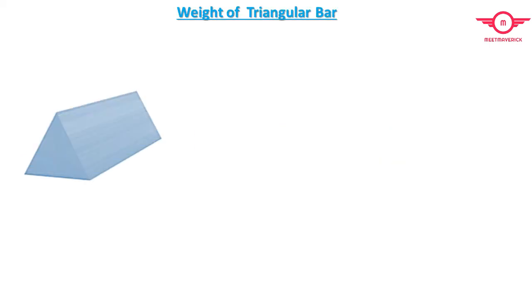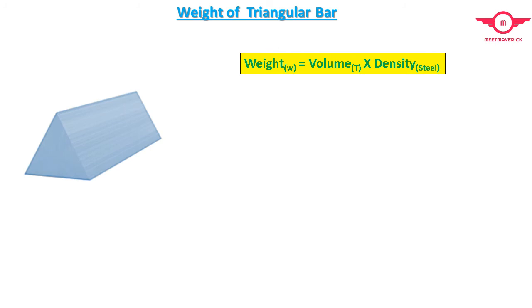Now we need to calculate the weight of triangular bar, or we can say prism. In this case, volume is root 3 by 4 into side A square into length. This formula works for an equilateral triangle having all three sides of equal length.